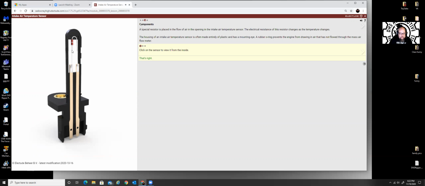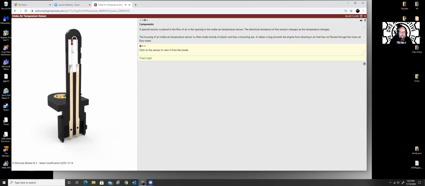That being said, okay, resistance consumes voltage. So what'll happen is, as the temperature affects the resistance of this sensor, the voltage that's being applied to the sensor and then going back to the computer will also change.